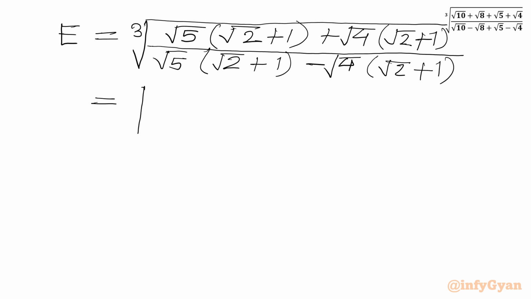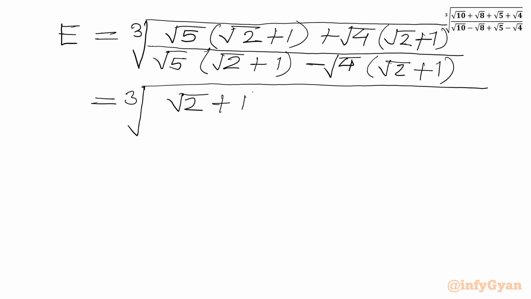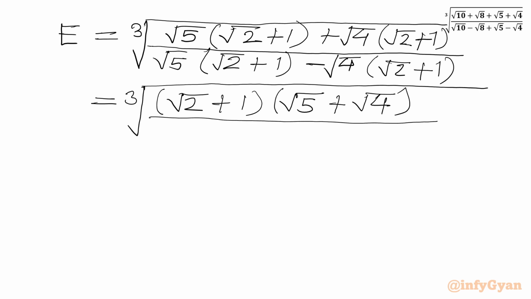Now we can write E equal to the cube root of, root 2 plus 1 is common. So root 2 plus 1 is common out. In the other bracket we will be writing root 5 plus root 4, over root 2 plus 1 is common.